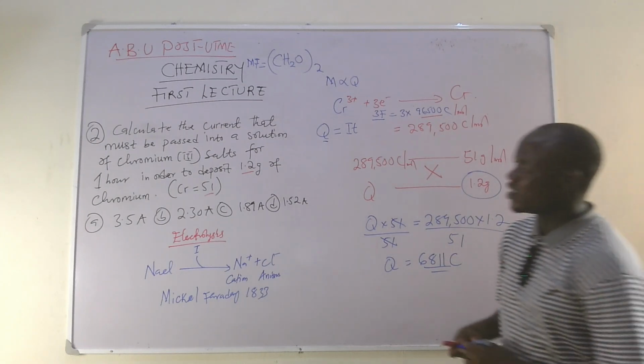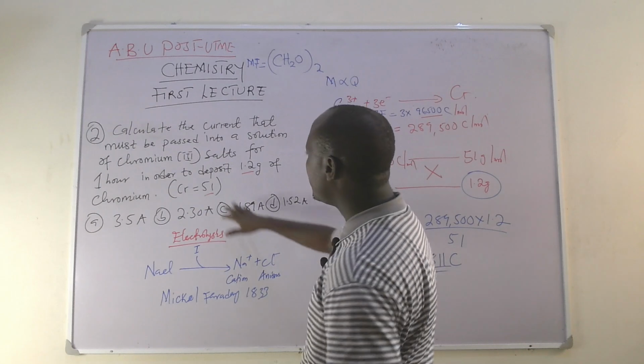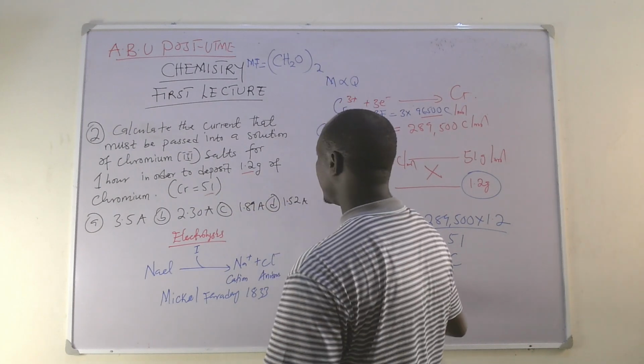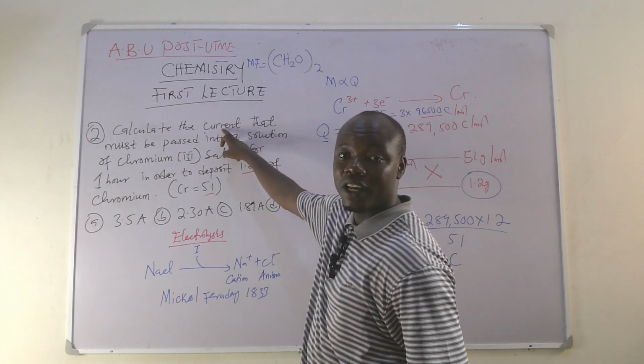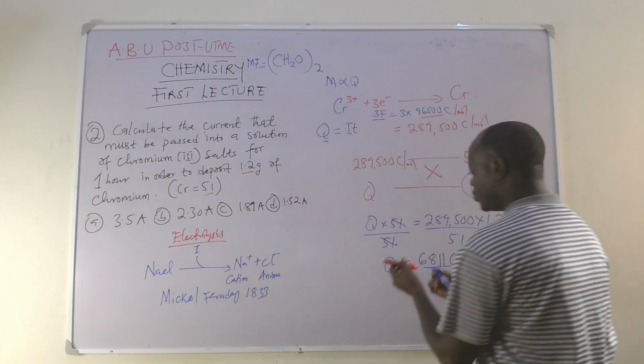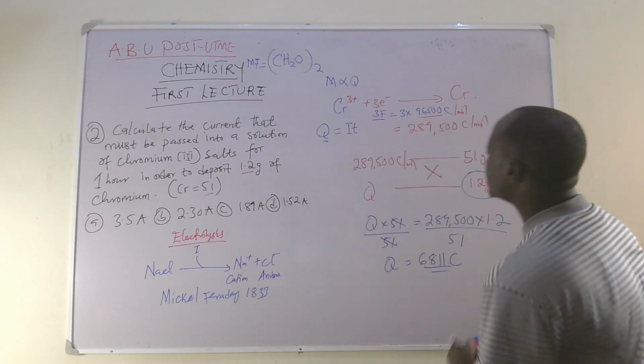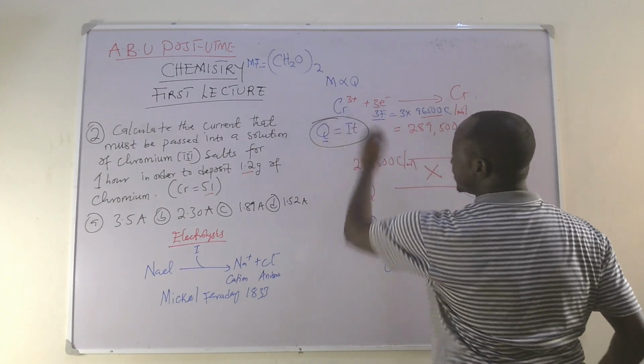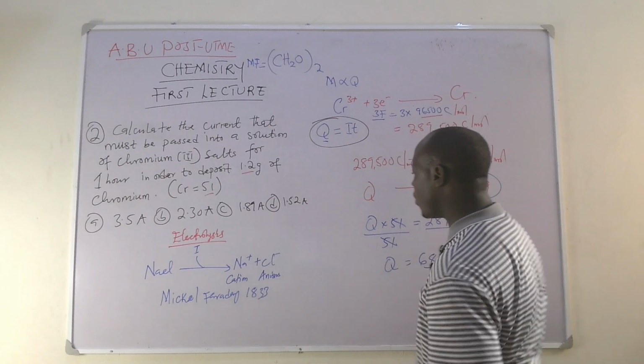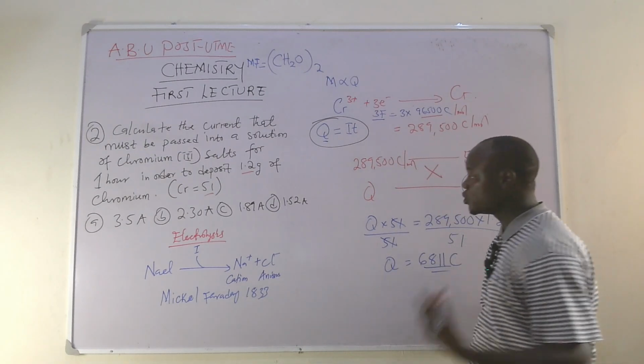So this is the quantity of electricity applied to deposit 1.2 gram. But what we are interested in is not actually the quantity of electricity; we are to calculate the current. So we are going to use this formula: Q is equal to IT. But the time given is in hour, so we have to convert it to second.